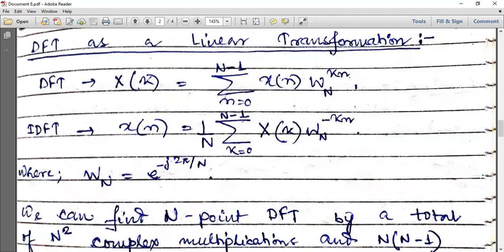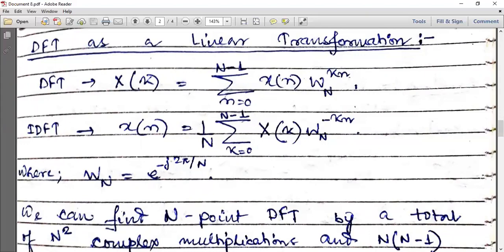Clear? Now, for DFT, X of k, as the formula says, is equal to summation n equal to 0 to N minus 1 x[n] into twiddle factor to the power k into n.